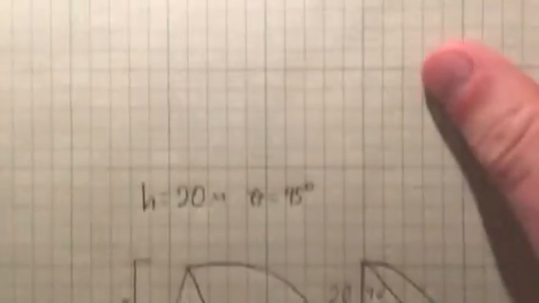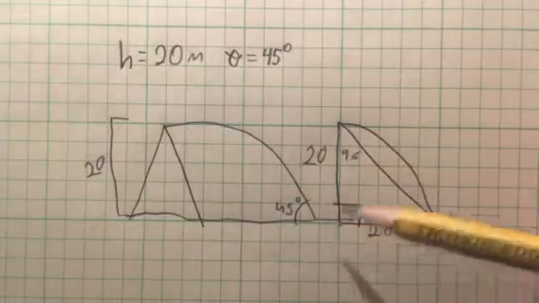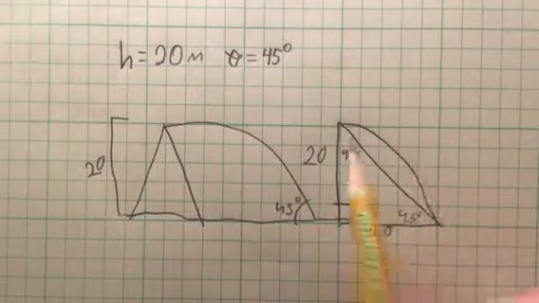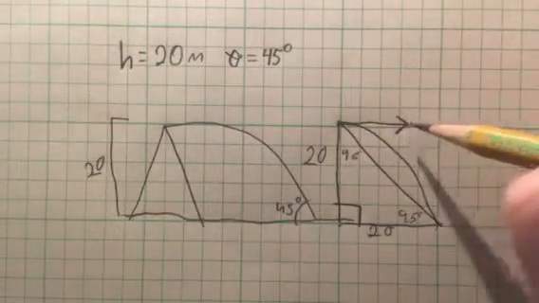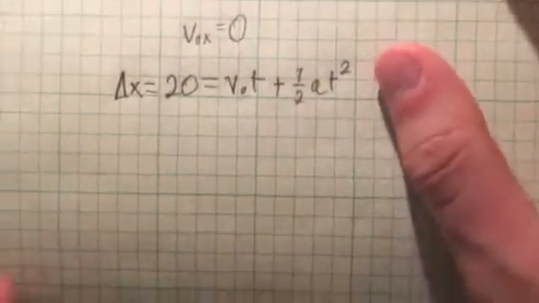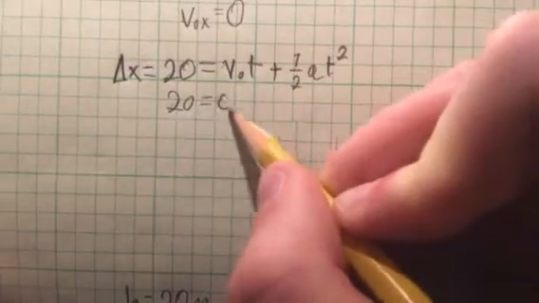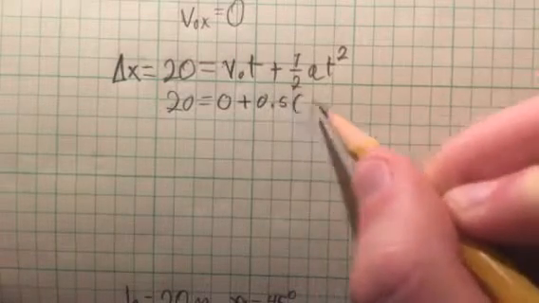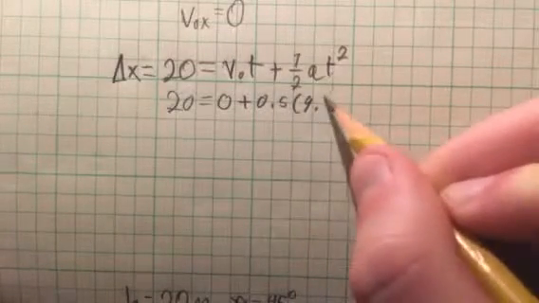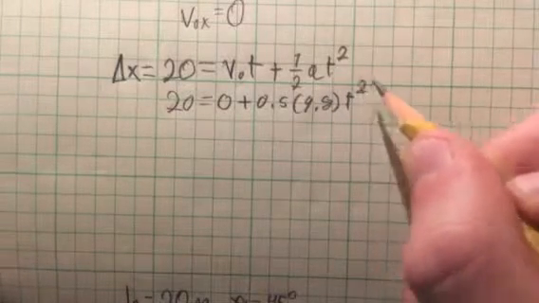Because relative to this axis, this ball is essentially being dropped and is under the influence of gravity, because it's only being thrown in the horizontal direction. That's the direction it's being thrown, and it's only arcing because of gravity. So that means we can set up an equation, essentially 20 equals zero, plus 0.5 times 9.8, which is acceleration due to gravity, t squared.